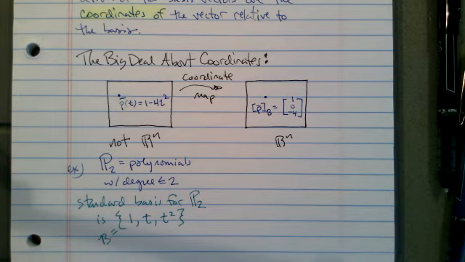Any questions? This is what's sitting behind pretty much all of chapter 4. This is what's driving what's going on. We want to find the coordinates relative to a basis. And when we want to do that, we're just trying to write one vector as a linear combination of the other vectors. And that's something that we did on the first day. So at the beginning, when I said this is the thing that's going to drive this entire class, I ain't lying. That is the one thing that we just do.